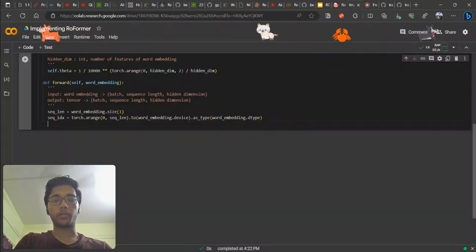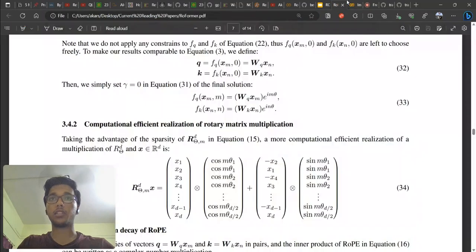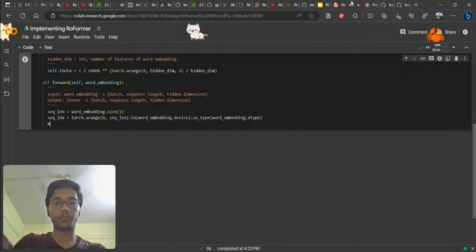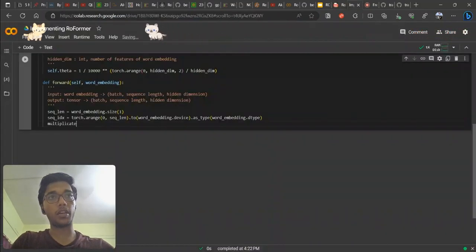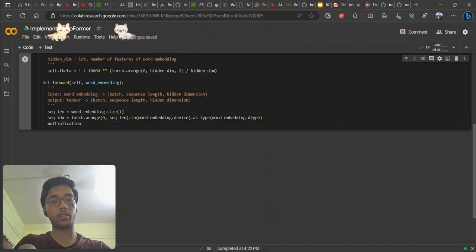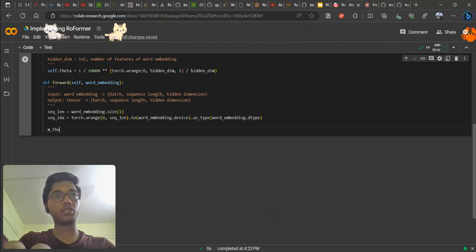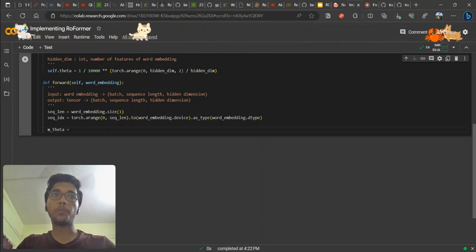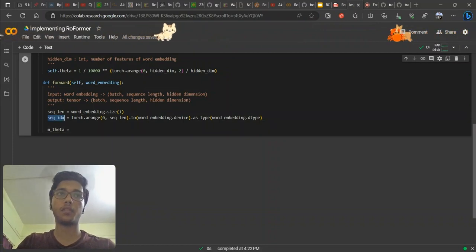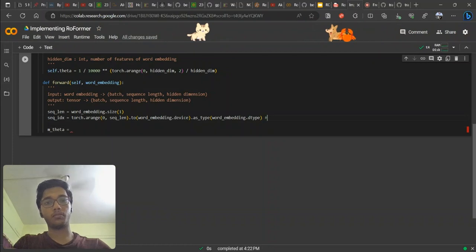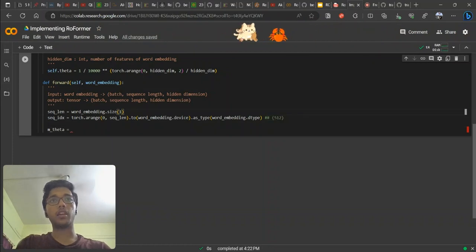So what we can say is, okay, multiplication, or let's say like this: m_theta equal to... this would be of the shape 5 and 2.